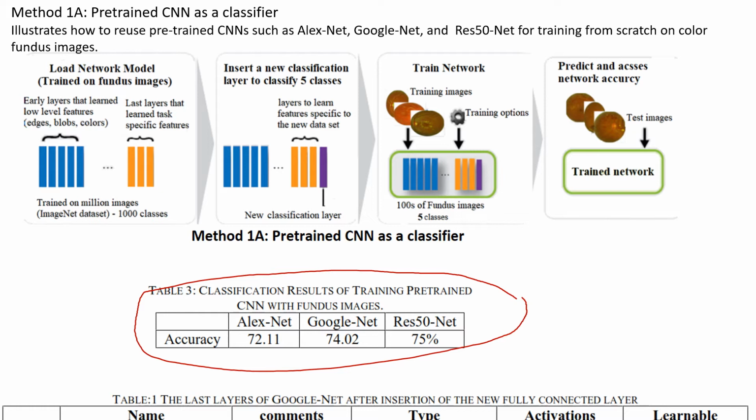It is the first time it sees them when I am testing, to test its ability to classify the images into grades. AlexNet, GoogleNet, and ResNet50 reached around 74%, which I'm not happy with, so I had to find another solution.